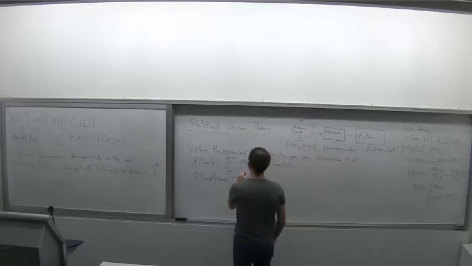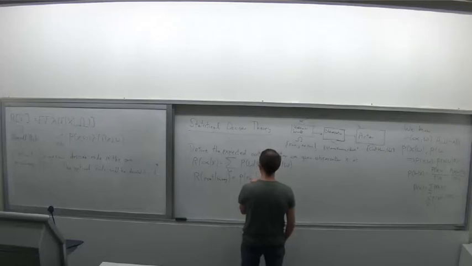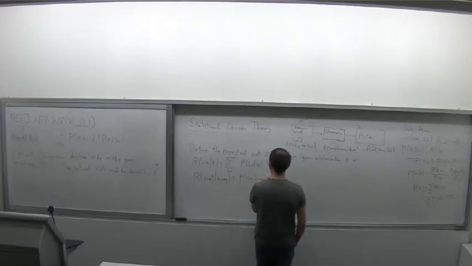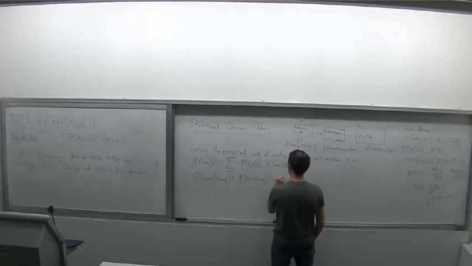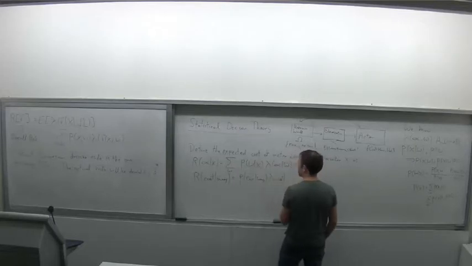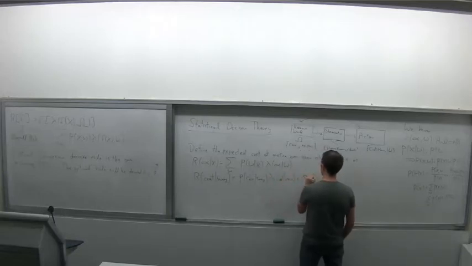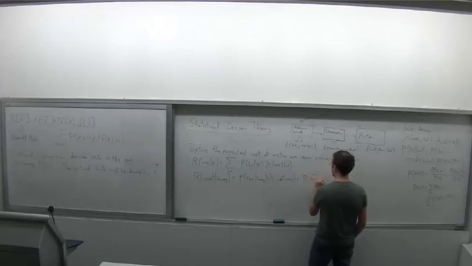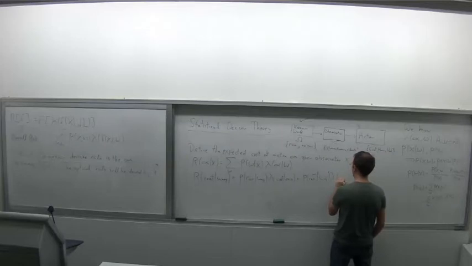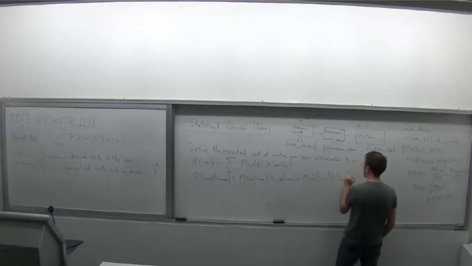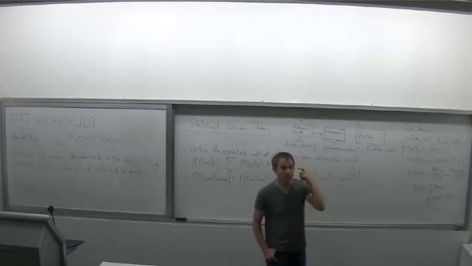So it's the probability that it will rain given that it's sunny, times the cost of wearing a coat given that it rains, plus the probability that it will not rain given that it's sunny, times the cost of wearing a coat given that it doesn't rain.